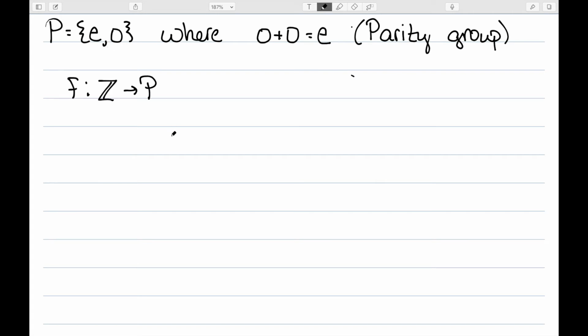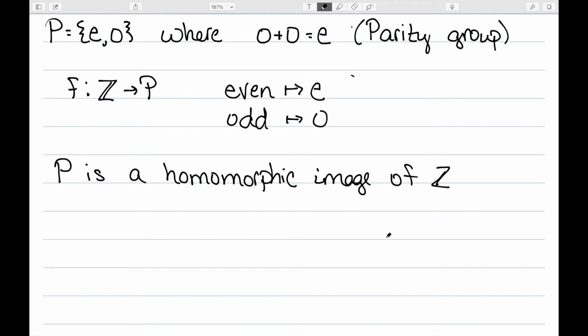I want to define this function f going from the integers to P. It's going to map even integers to E and odd integers to O. And this is an example of a homomorphism. In fact, it's a surjective homomorphism. We definitely have even integers that will map to E. We definitely have odd integers that will map to O. So we have that P is a homomorphic image of Z.